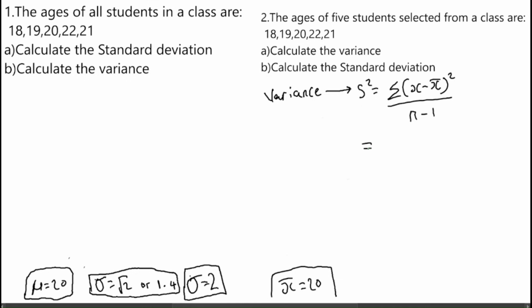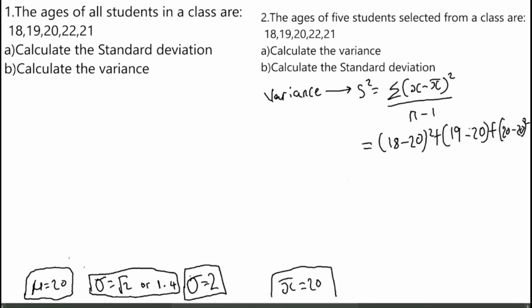So our variance is gonna be, the first data here is 18. So 18 minus the sample mean is 20 square plus the next data is 19 minus the mean, which is 20, plus the next is 20 minus the mean, which is also 20.